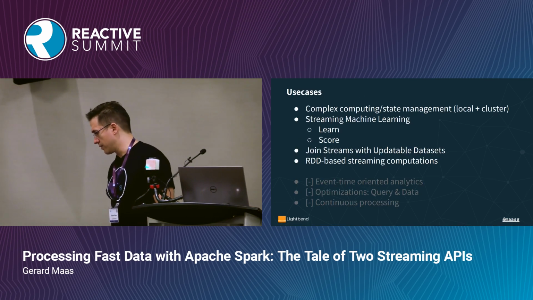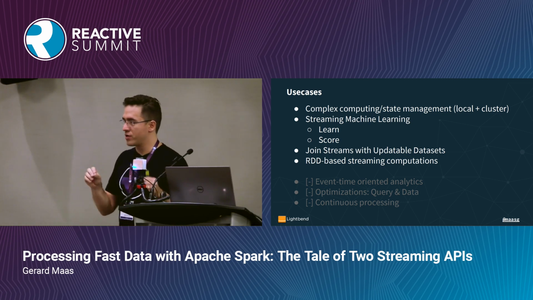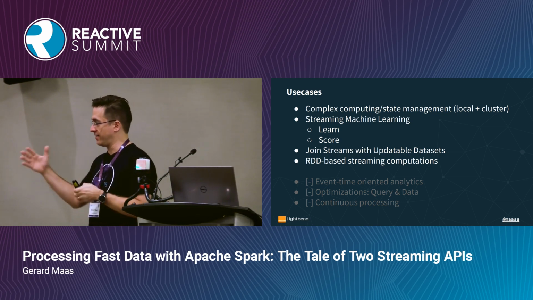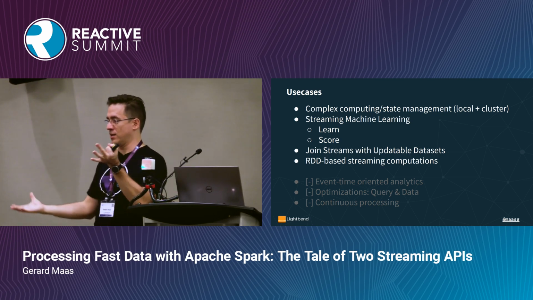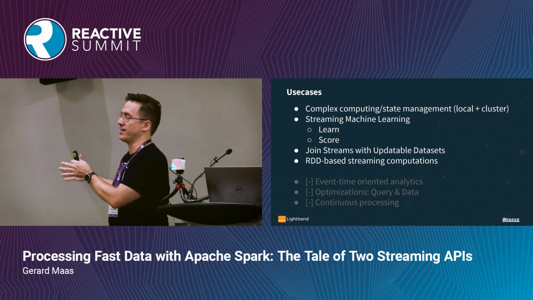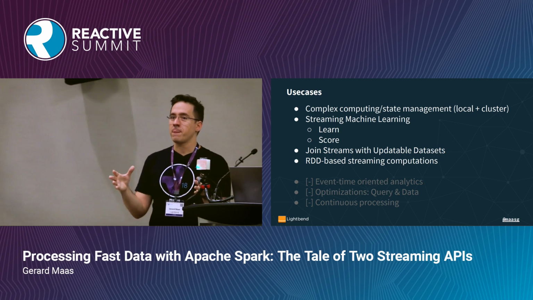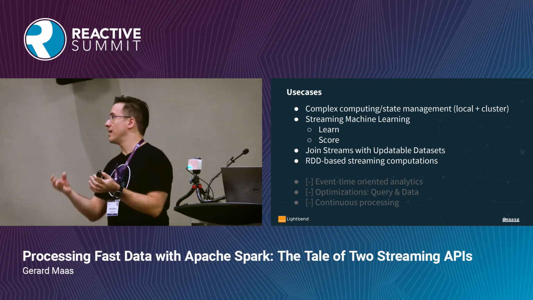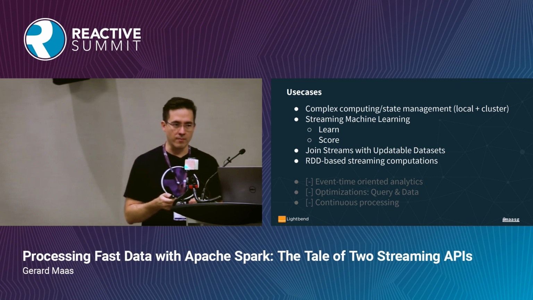We can use this to do very complex computing. I helped a consultancy company solve a very complex problem of ordering of events coming in and state handling using Spark streaming by combining local history, keeping history of certain past events, with the stream that's coming in. So joining state data with the stream as it was coming in, but updating that data as well.